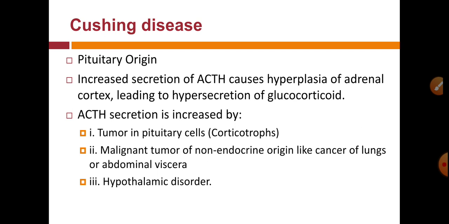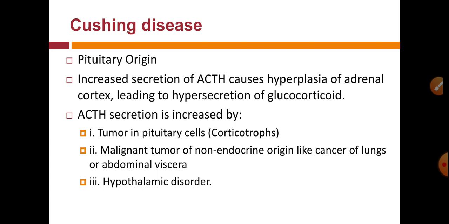So when there is a hypothalamic disorder, there is an increased secretion of CRH, so there is an increased stimulation of corticotroph cells, and this leads to increased secretion of ACTH.